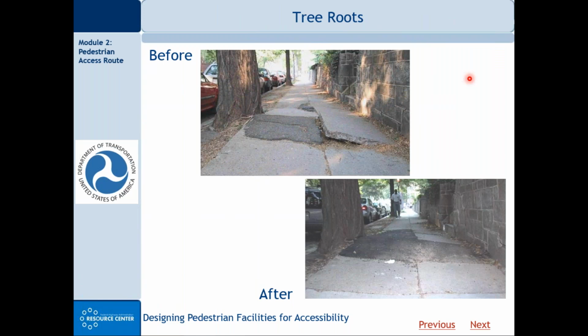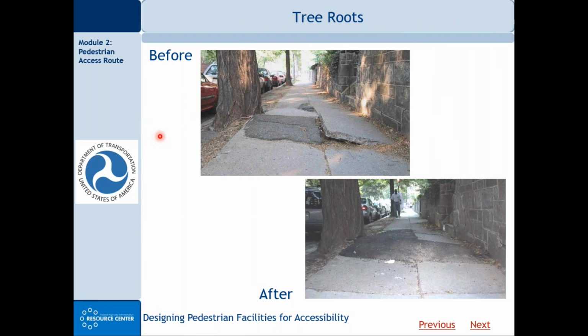Another possibility, and we'd have to look at it from a broader perspective, and maybe not the most desirable solution, but PROAG does not require an accessible route on both sides of a street. It would be desirable, but not required. What we could do is look at the other side of the street, which we don't see here.